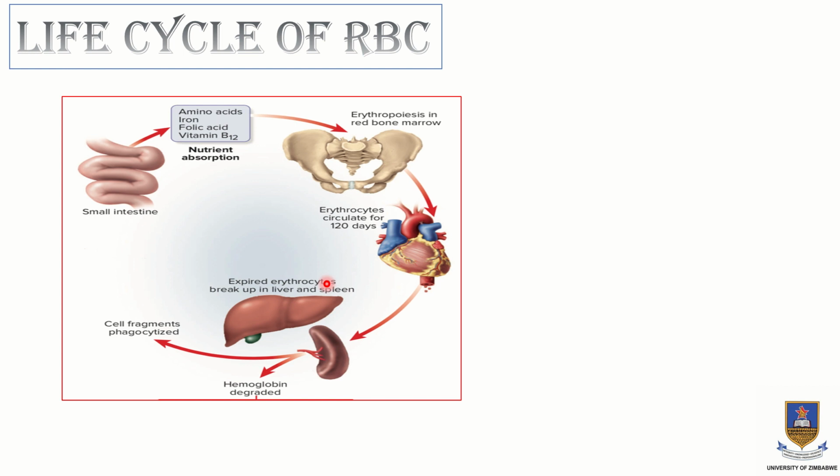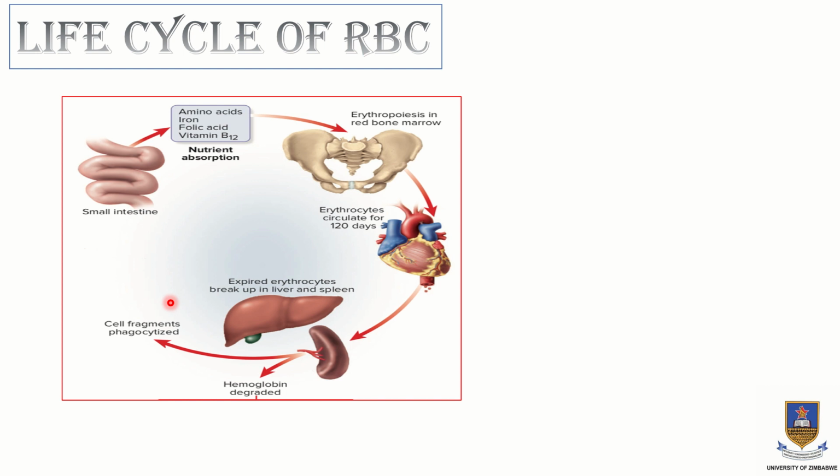So we see that in the life cycle of red blood cells, they have to be continuously broken up and replenished. They are broken up in the liver and in the spleen, and the byproducts are recycled again to make more red blood cells.